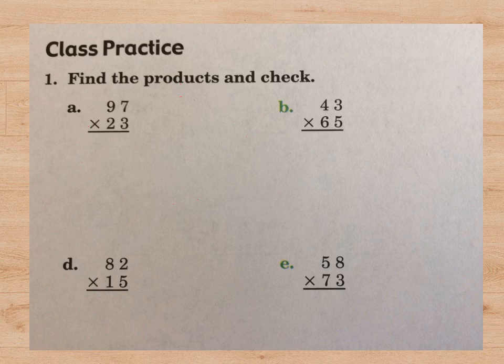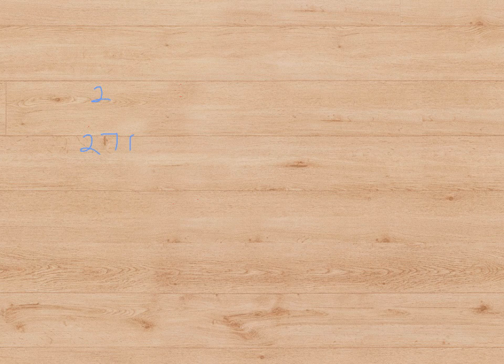3 times 7 is 21. 3 times 9 is 27. Alright? 2 times 7 is, I'll put a 0 there.